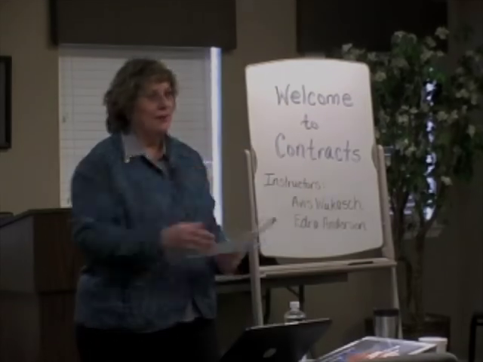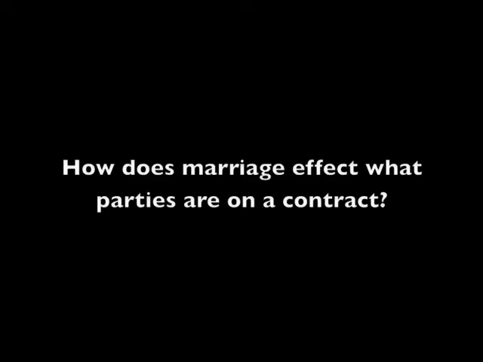And there was a question in the back. Great question, actually. When it comes to people who are currently married, because Texas is a community property state, unless there is a written agreement between the husband and wife saying that the wife is going to be purchasing this property on her own as separate property, then both parties need to be on there, and the property is going to be purchased by both parties.